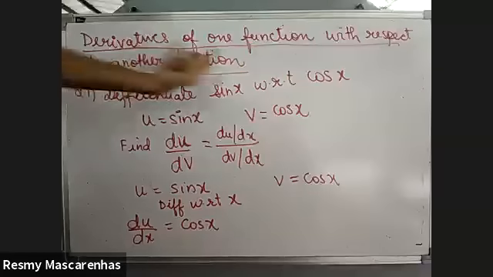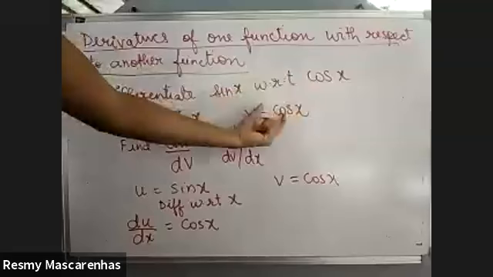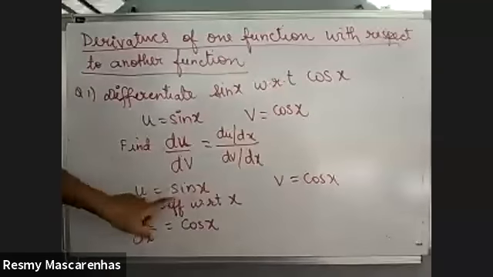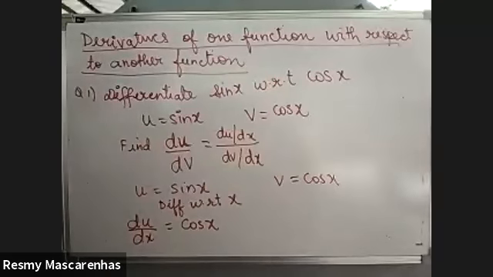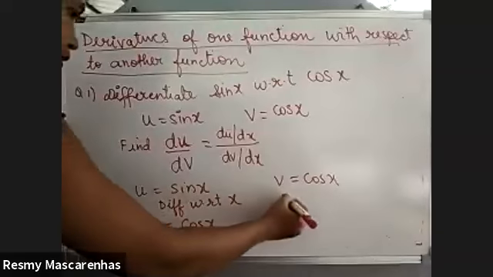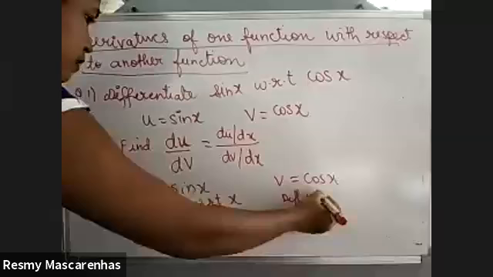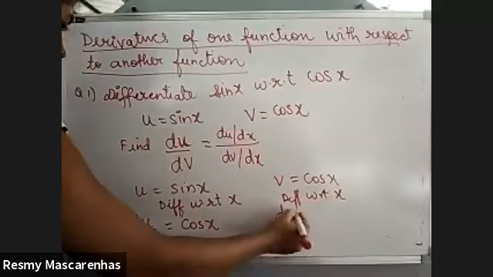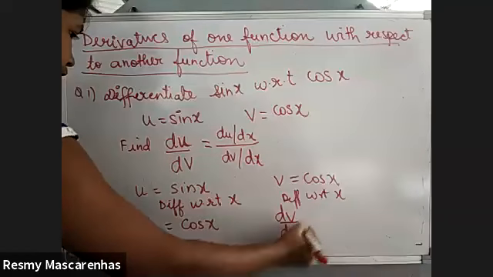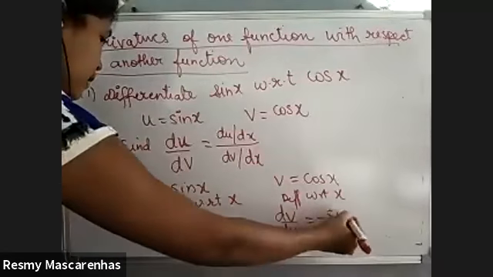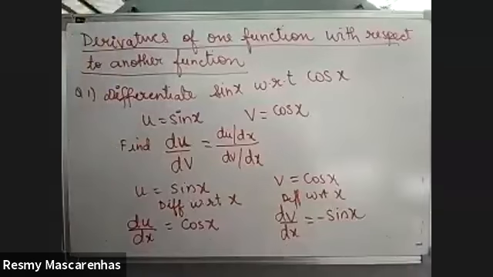Okay, so take the first function as u, take the second function as v. Differentiate the first one and differentiate the second one. So dv upon dx will be equal to minus sin x. Derivative of cos will be minus.